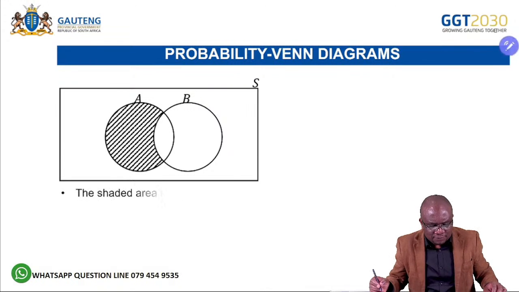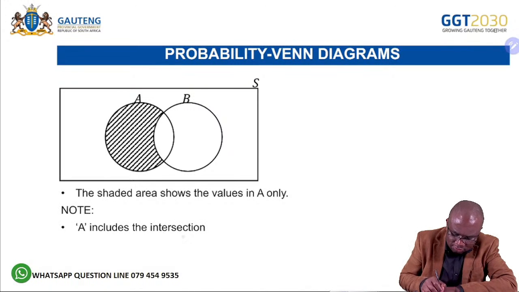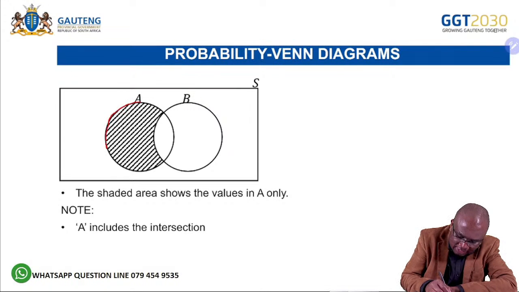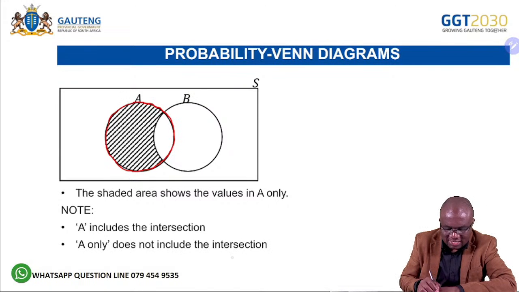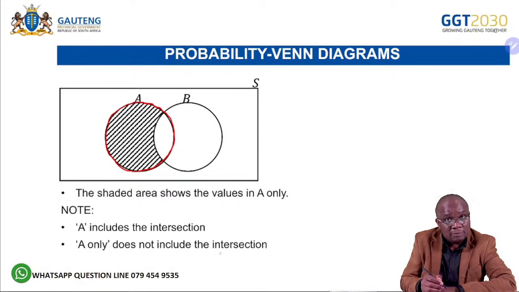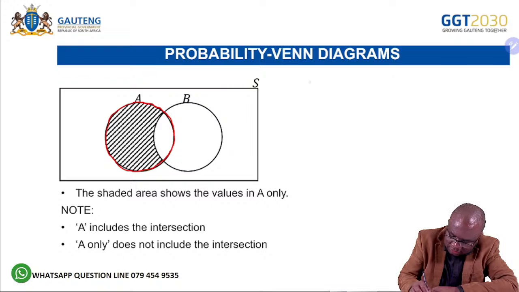It means A only. A includes the intersection, so if I'm saying A, I'm also including the intersection. But A only does not include the intersection. That's the shaded part. So that is A only. Okay, let's just do this.